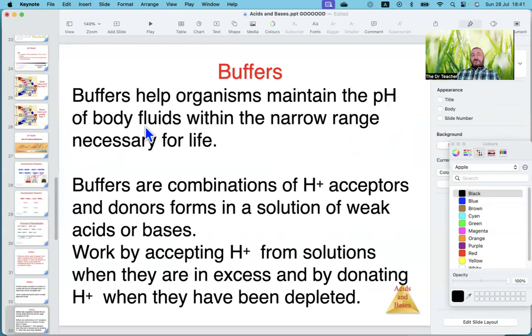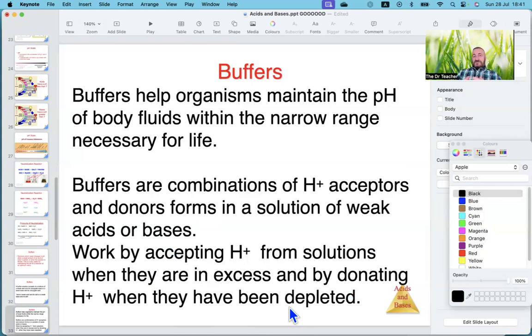A combination of proton acceptors and donors forms in solutions of weak acids or bases, accepting protons from solutions when they are in excess, and donating protons when they are depleted.